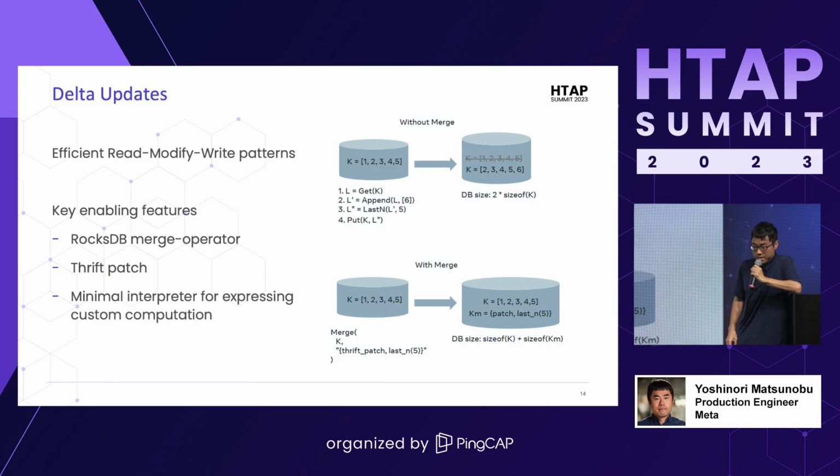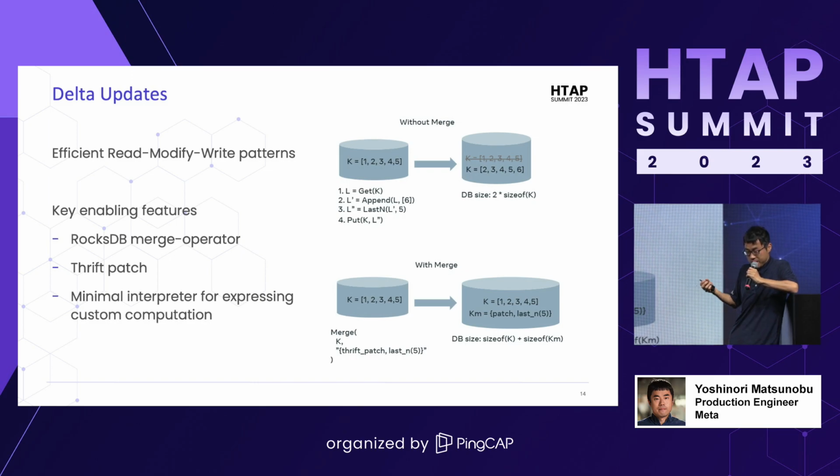So we recently implemented delta updates, which is composed of multiple building pieces. And one of the key enablers was RocksDB's merge operator, which is just writing deltas. Internally, we use Thrift objects. Thrift is the default usage at Meta. So a Thrift object was stored in RocksDB.